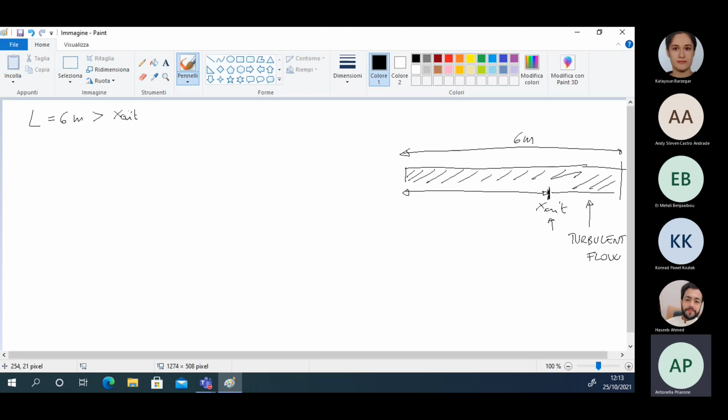In particular, I want to estimate the Reynolds number for L equal to 6 meters, which will be rho U infinite L 6 meters divided by mu, for air and for water.